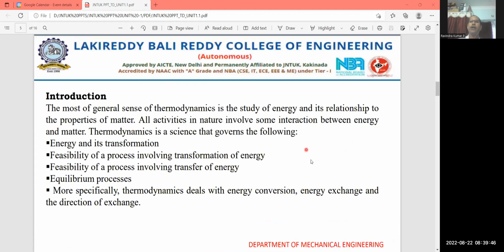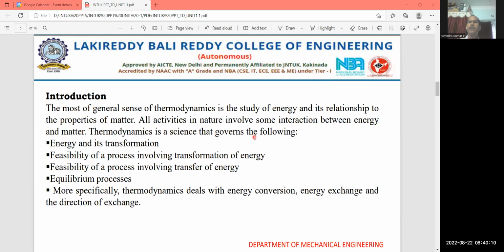Then the introduction of this particular course. In most general terms, thermodynamics is the branch of science which deals with the heat and work interaction between the system and the surroundings, or the study of energy and its relationship to the properties of matter.